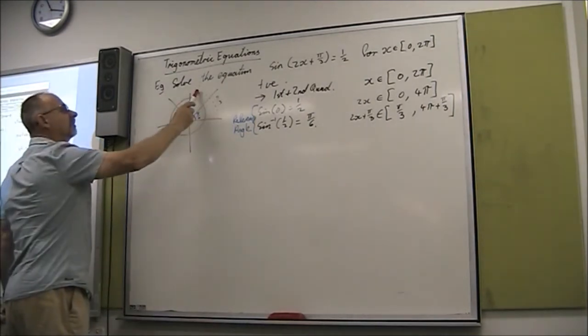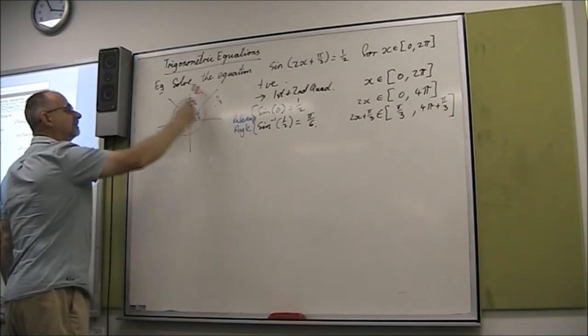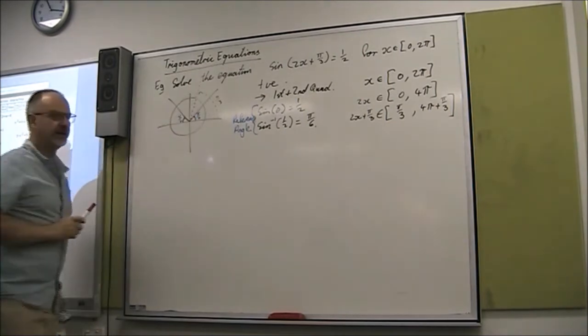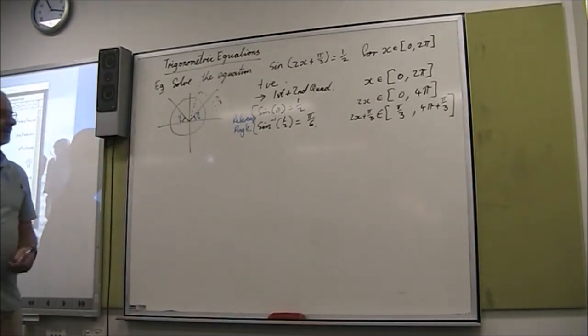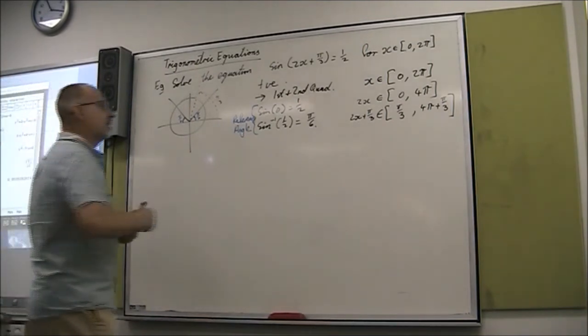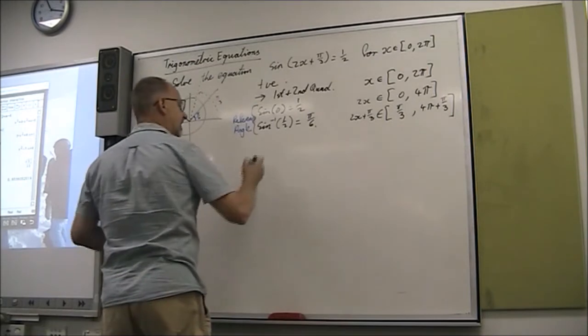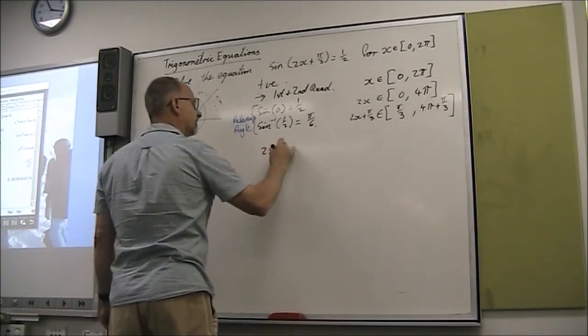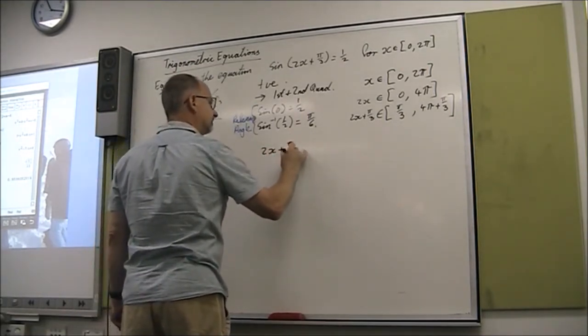So from there to 1, 2, there. So any time an angle fits into there, we need to write it down. So now, and I'll get back to the x later, but at the moment I'm working with the 2x plus pi on 3.